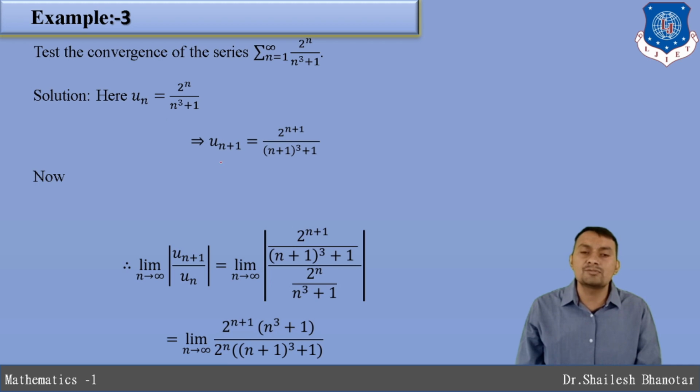So un is there, so un plus 1 you can write, just n is replaced by n plus 1, and when you simplify, the limit as n tends to infinity of un plus 1 divided by un, we are taking the absolute value for simplicity. Whenever a negative quantity is there, it will automatically be positive. So whenever you can apply simplification, what you will get is 2 raised to n into 2, and also you can take n raised to cube common.